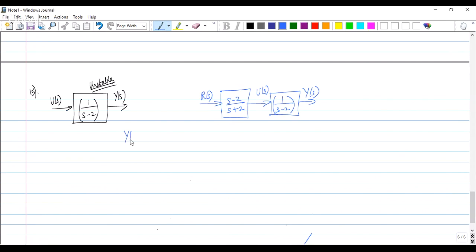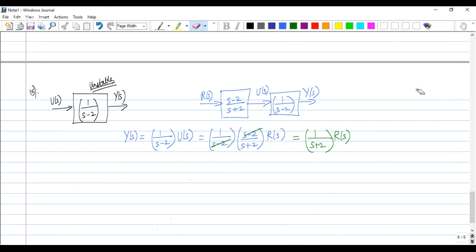Now you can immediately see that Y(s) can be written as 1 divided by (s minus 2) times U(s), which I can rewrite as 1 divided by (s minus 2) times (s minus 2) divided by (s plus 2) times R(s). Mathematically, we are cancelling this pole at 2 and zero at 2. The resulting transfer function of this cascaded system is 1 by (s plus 2). And we think we have stabilized the system, but not really.